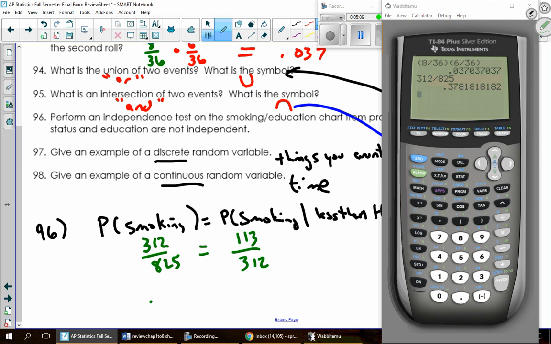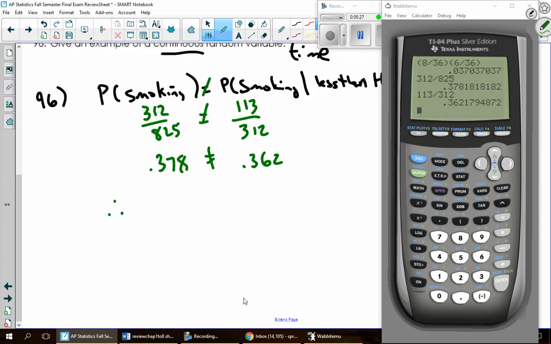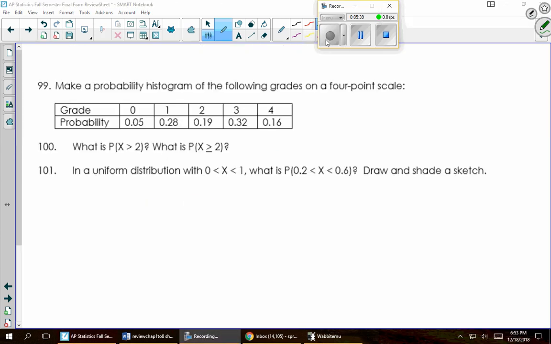And the question is, is that the same thing as 113 divided by 312? Well, it is not. It's 0.362. So these are not, in fact, equal. And since they are not equal, they are not independent. Or as the question asks, I have now shown that smoking and educational status are not independent events.